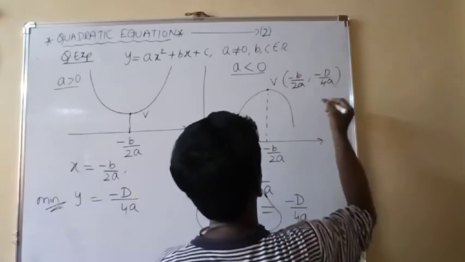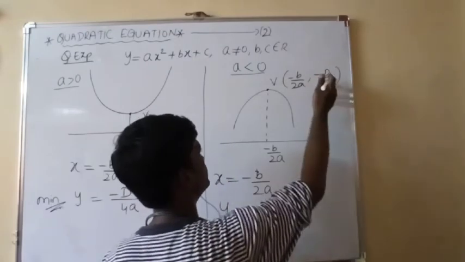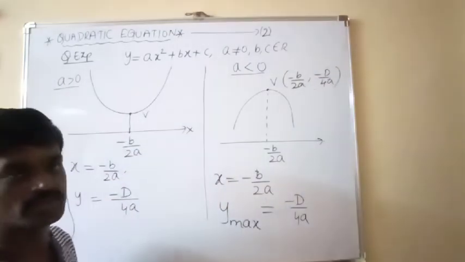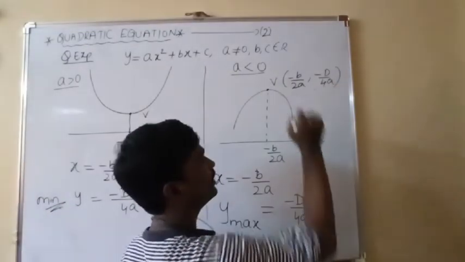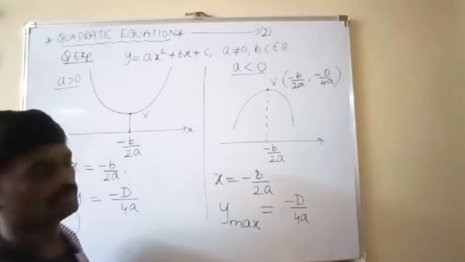What is the maximum value of this function? Minus d by 4a. The maximum value of the function is nothing but the maximum value of y, which is minus d by 4a.